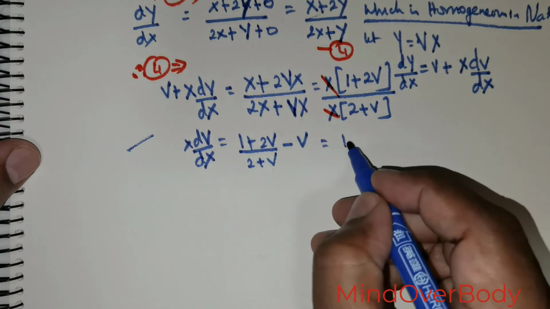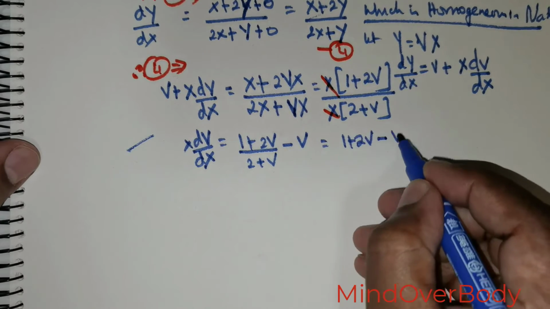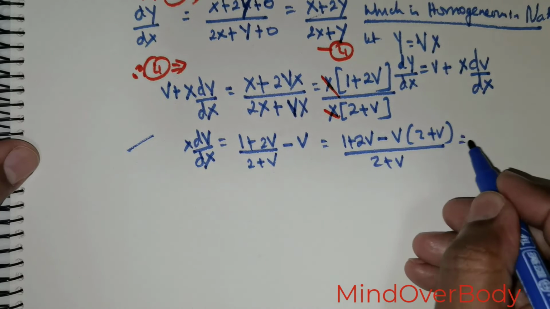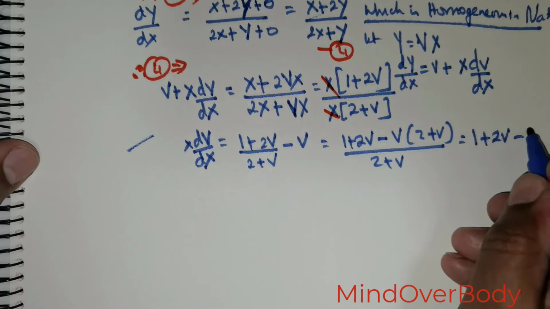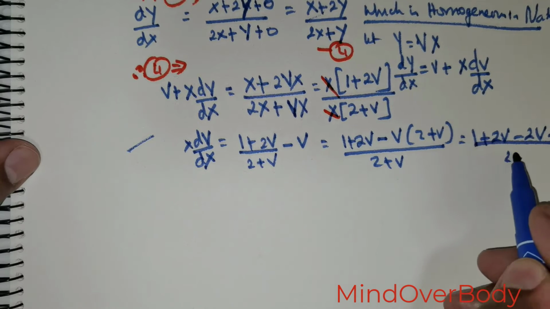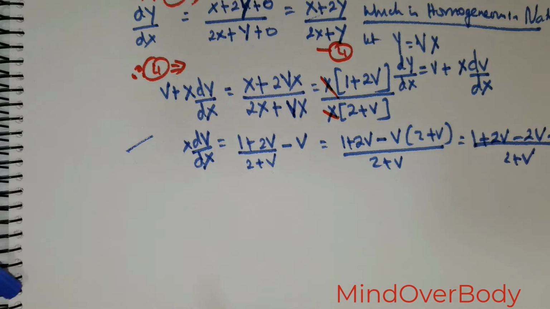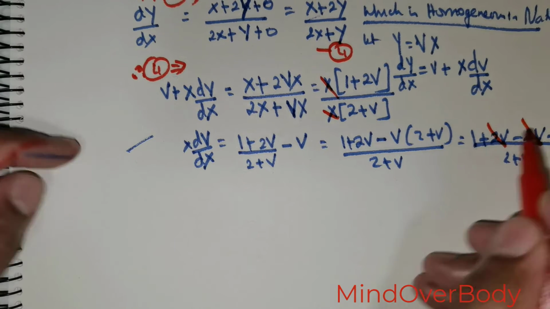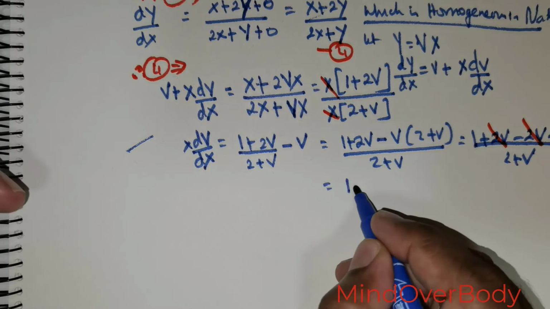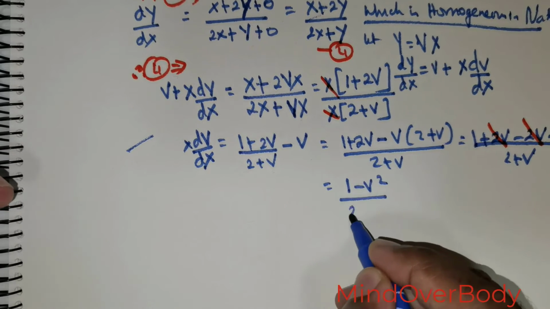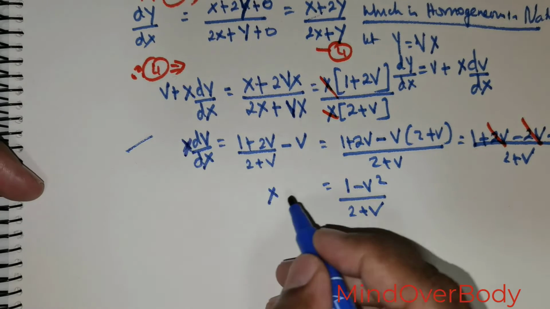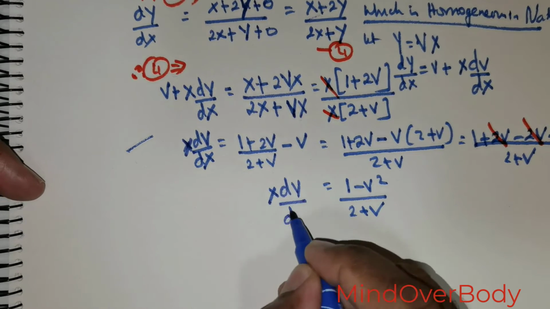Now if I were to take the LCM, I get 1 plus 2v minus v times 2 plus v over 2 plus v, which is equal to 1 plus 2 times v minus 2v minus v squared divided by 2 plus v. Now clearly plus 2v minus 2v can be cancelled, so that's going to give me 1 minus v squared divided by 2 plus v. On the left I get x times dv over dx.